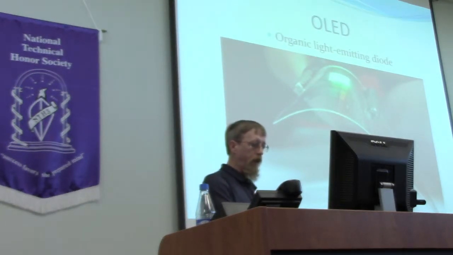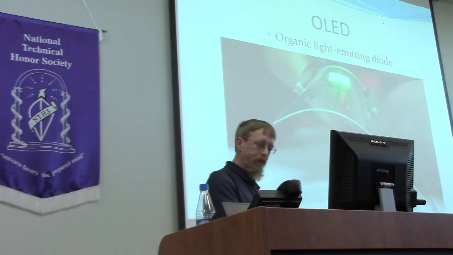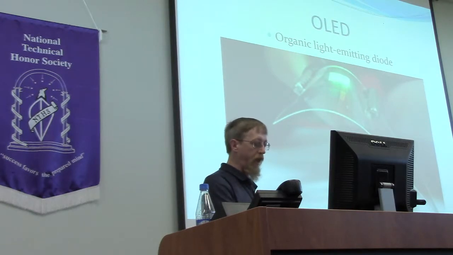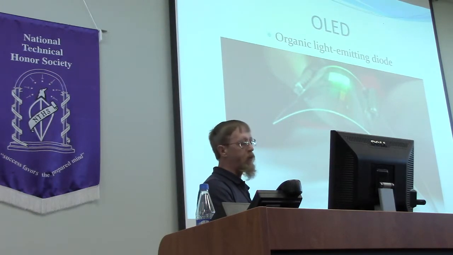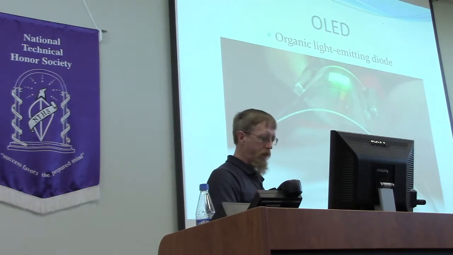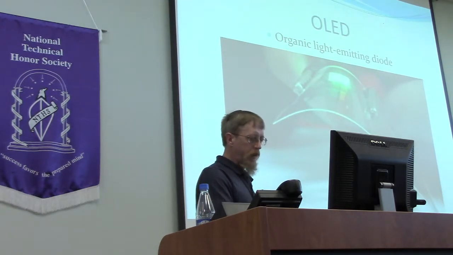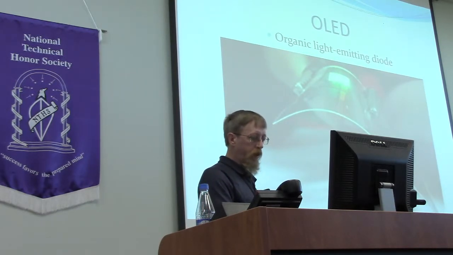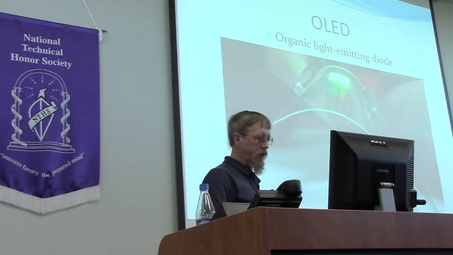An OLED is a solid state, as I said, and it is 100 to 500 nanometers thick. That's about 200 times smaller than a human hair. So we're getting very, very thin with these. They can have either 2 or 3 layers of organic material to help transport the electrons from the cathode to the emissions layer.